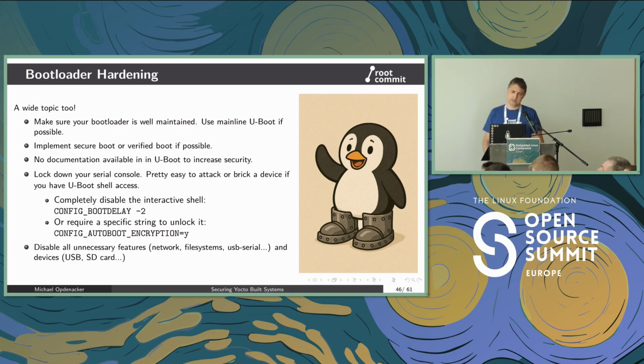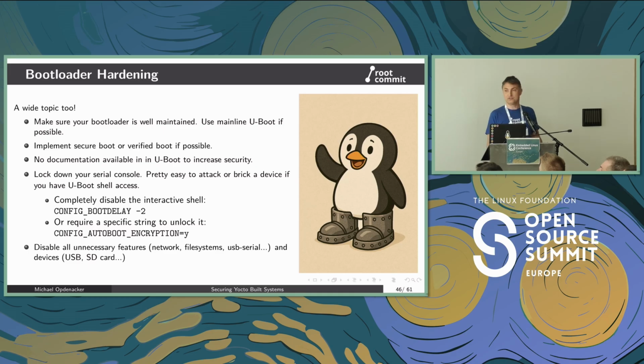I checked U-Boot and didn't find any guidelines for increasing the security, or very, very little. So there are a few things you can do, except for removing unnecessary features like USB, SD card, or networking, TFTP. Something I didn't know was that it's possible to set config delay, the delay for the countdown, to a negative value, and this really disables any chance to get a U-Boot console.